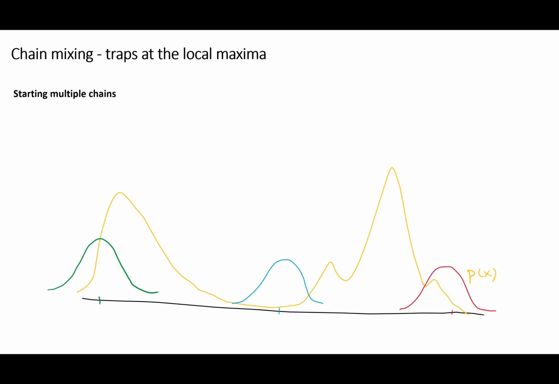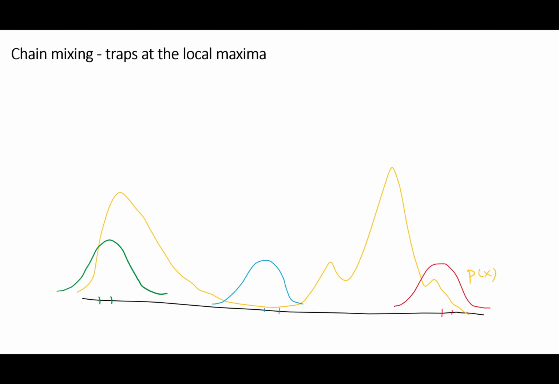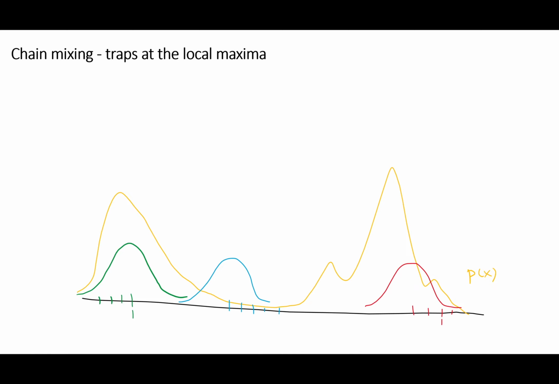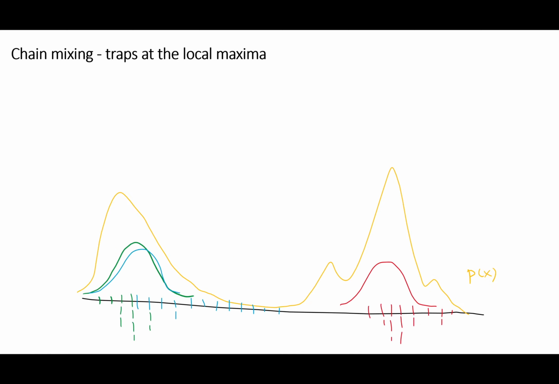How to deal with it? One method is to start multiple chains at various locations and sample from all these chains simultaneously. This is how it would look. I would sample, I will move in the distributions, and I will end up in something like this. Now I can combine the samples together, and I can say that the samples from this are the representation of the target p(x) distribution, the yellow distribution.